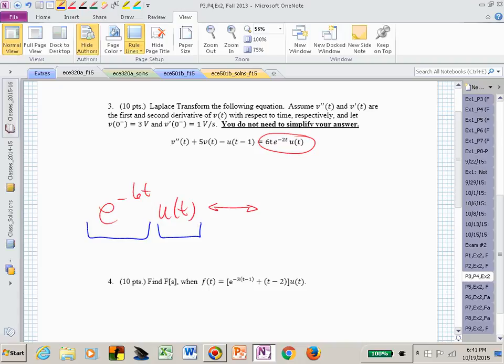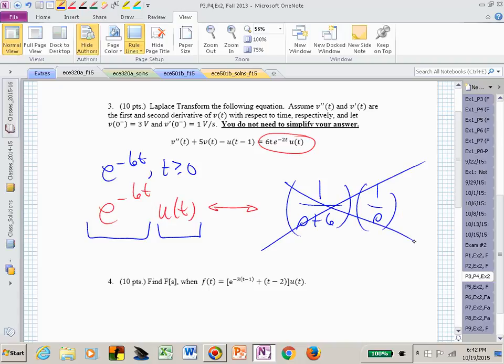No, no, no, no. Don't do that, please. This is really just e to the minus 6t for t greater than or equal to 0, and that's how we've defined our Laplace transform. Our Laplace transform is one-sided. People are saying, oh, I know this. This is 1 over s plus 6, and this is 1 over s.